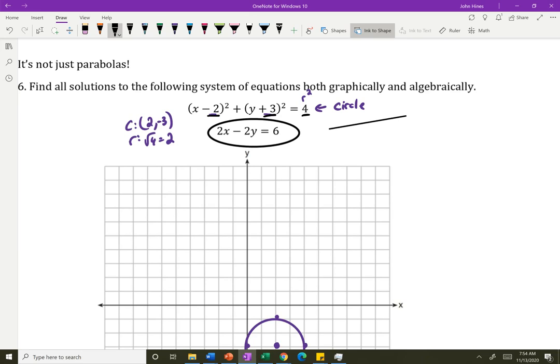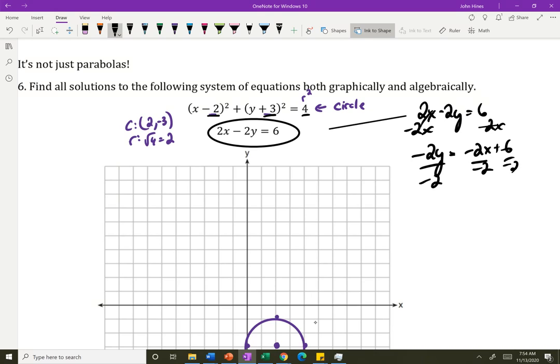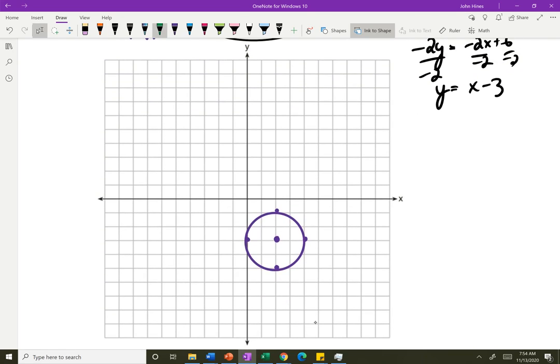And now this line here, I've got to do some work. I've got to clean up this line. So let me get y by itself. Y equals x minus 3. So I'm going to start my line at -3, and then I have a slope of +1. And there's my line right there. Come on, ruler.